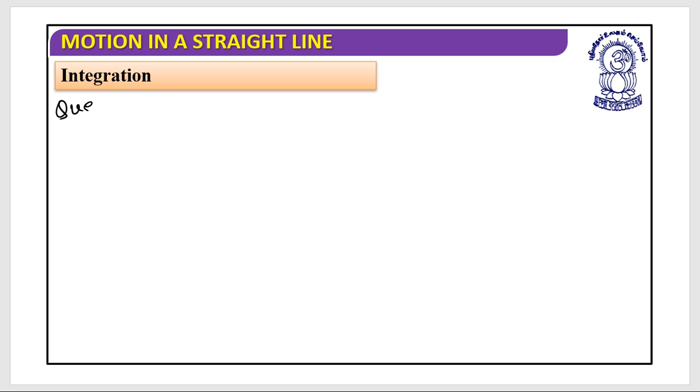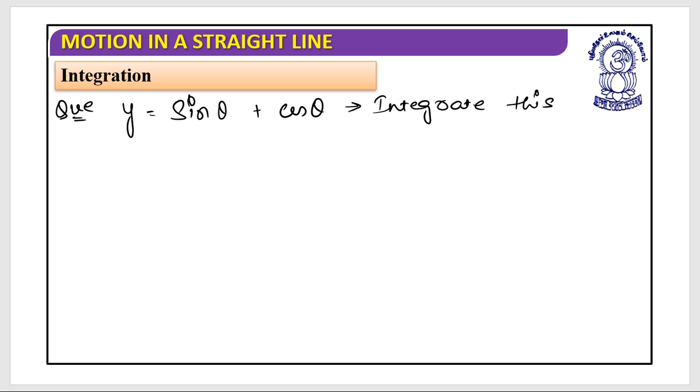Next question. Suppose you are given that y is equal to sine theta plus cos theta, and you have been asked to integrate this from theta equals 0 to theta equals pi by 2. Let's do this on your own. Take your time. You have 15 seconds.